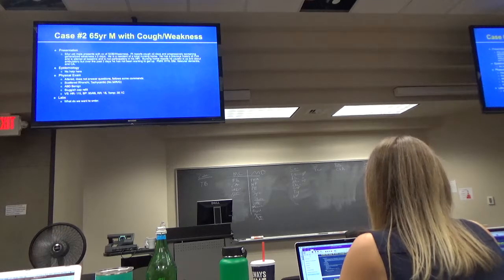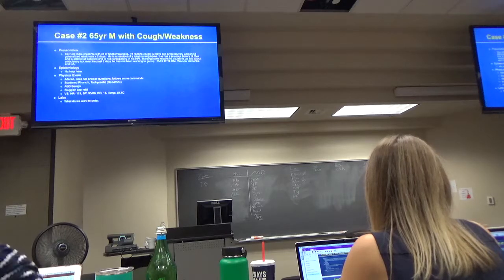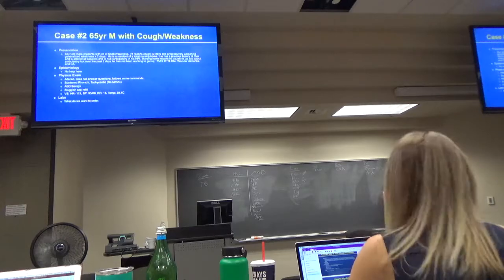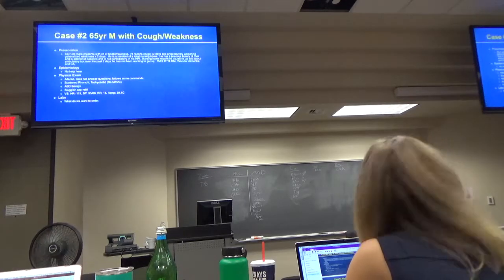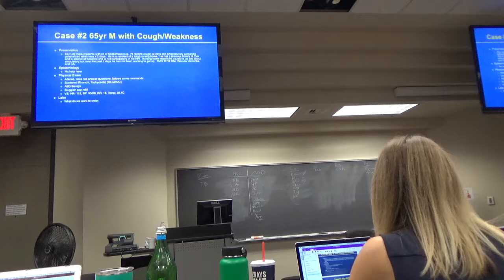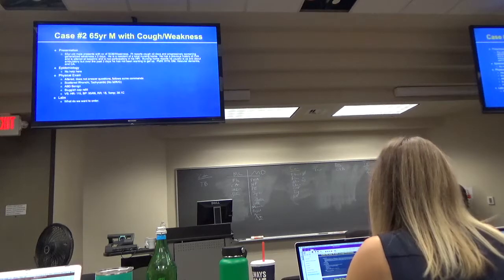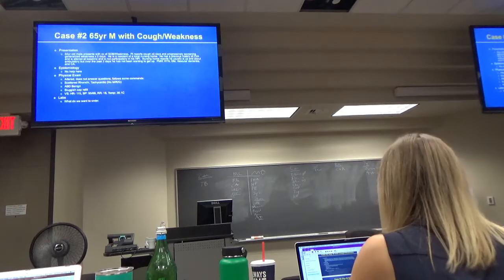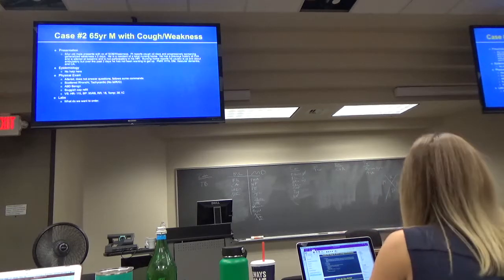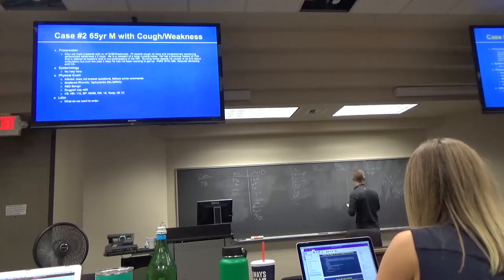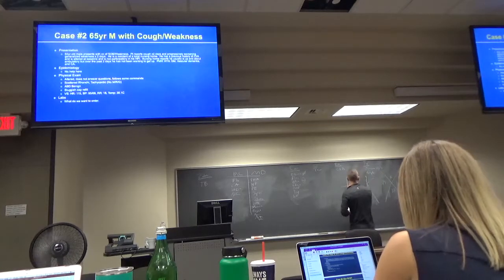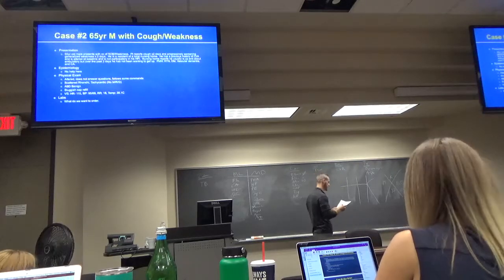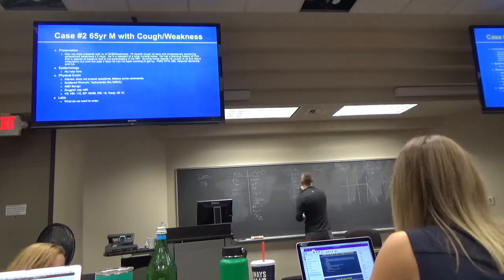His CBC, let's see here, where am I? You guys know what this means whenever I'm writing it this way? No. Okay, well we will go over it. Hemoglobin, hematocrit, white blood cell, excuse me, platelets. This is a very common nomogram for how you write down lab findings, and I'm fixing to do another one here for you. And this is another way to write down a BNP, okay? We'll say his liver enzymes were normal.